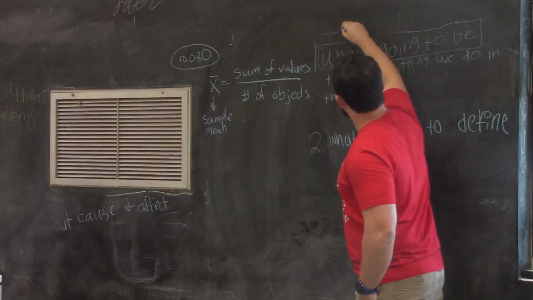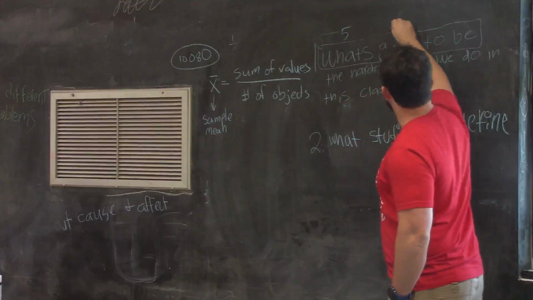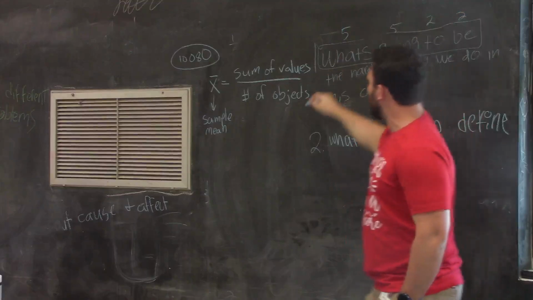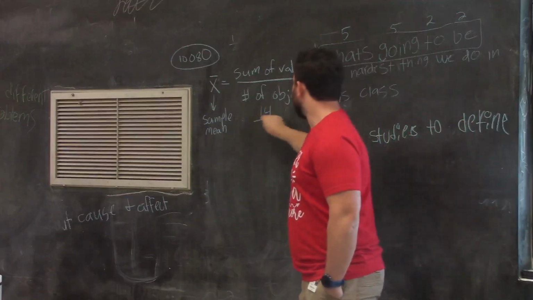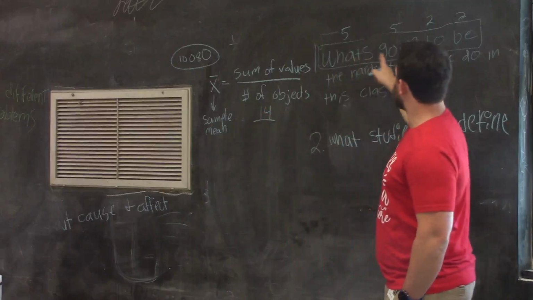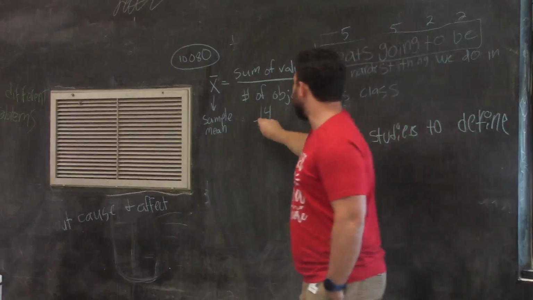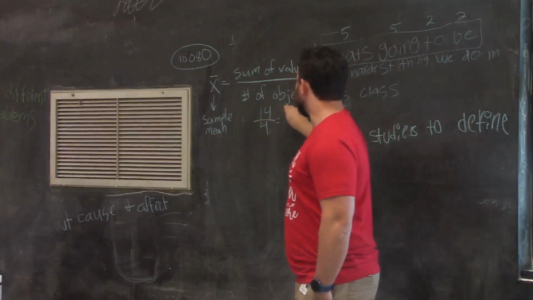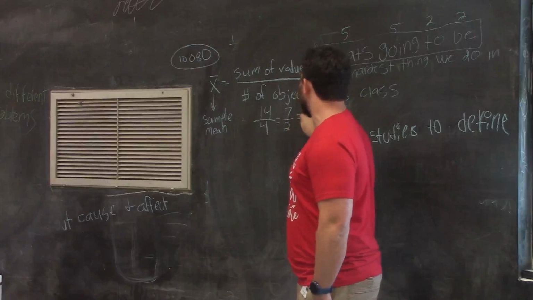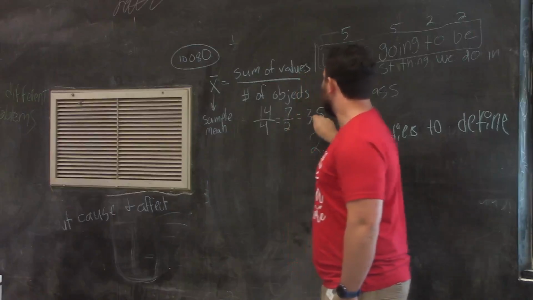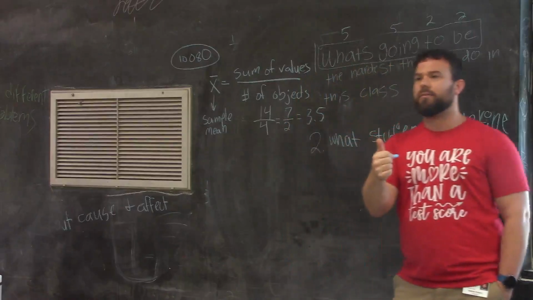Right? If I just added them, it'd be 5 plus 5 plus 2 plus 2. That's the sum of the values, 14, divided by how many objects were there? 4. So that's my average. You can leave it as a fraction, or you can actually write it out. Are we good on how we average?